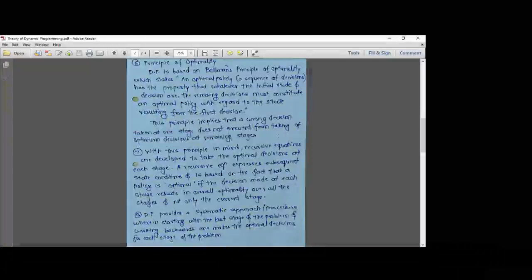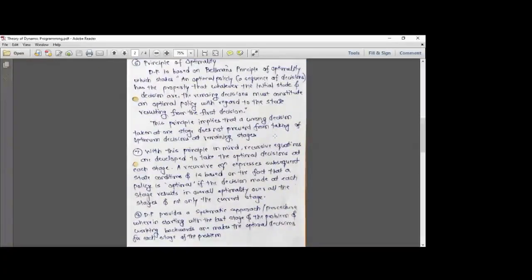So I can apply corrective actions for the later stages, so that the optimality we have to achieve for the entire project will not get affected.